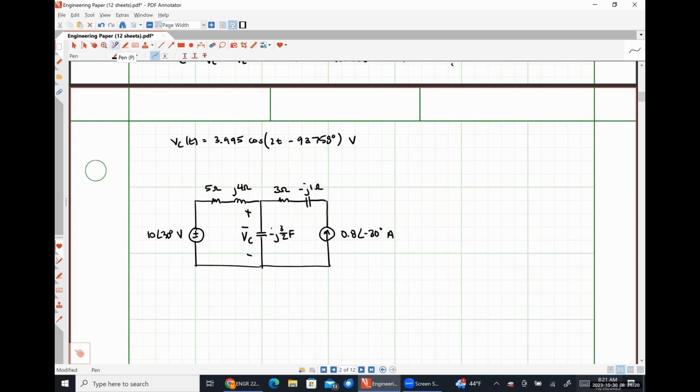So we're treating everything now like an impedance, and impedances behave like resistors.